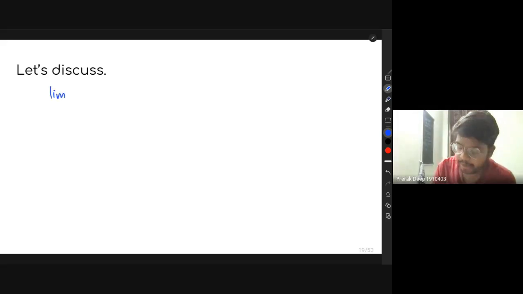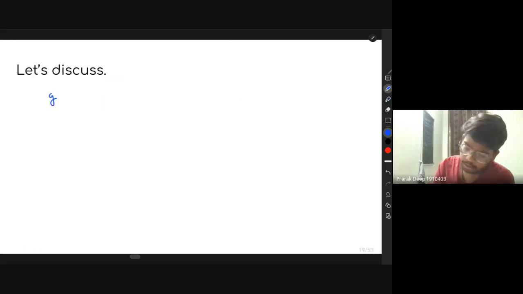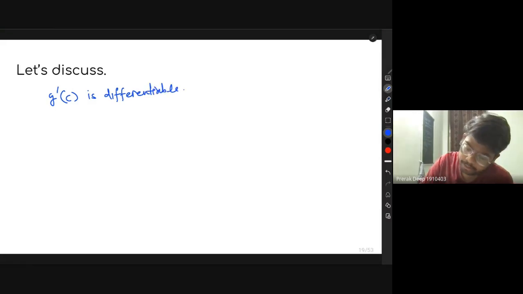Now, in order to find out the limit, we want to say that this is differentiable. What do we mean by that?